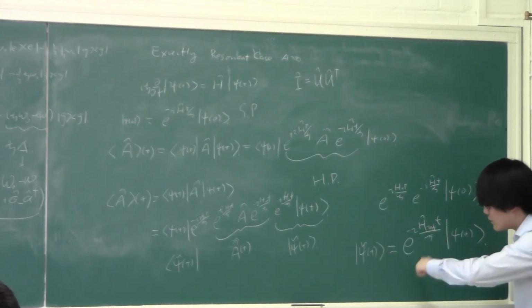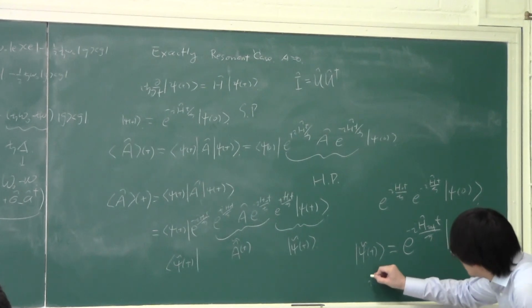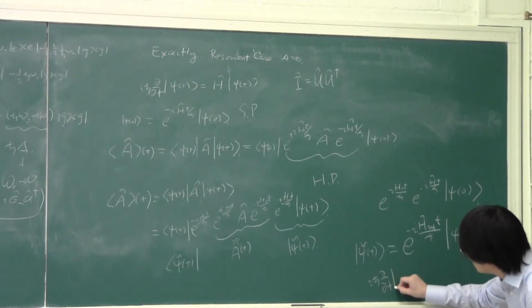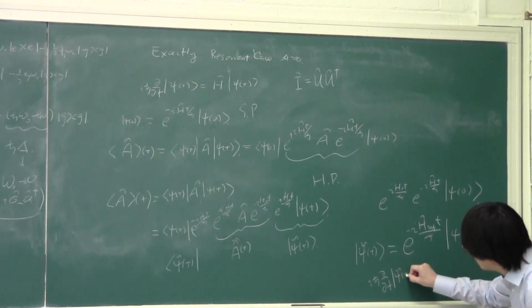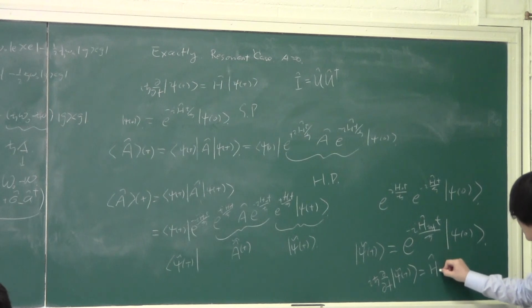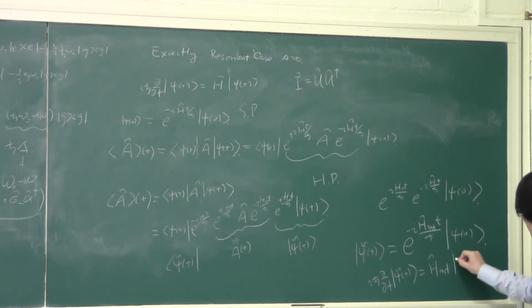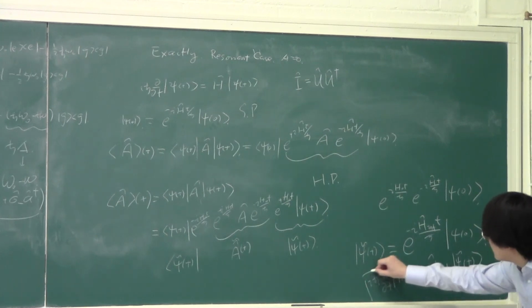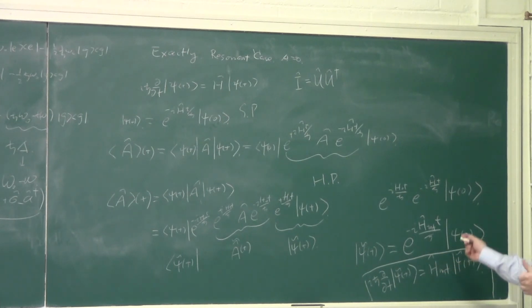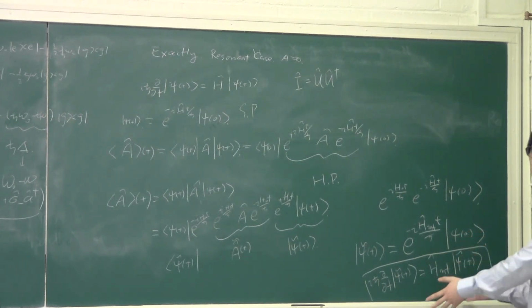So this thing is certainly equivalent to i h bar d/dt psi of t is equal to H interaction. Right? Okay. So this gives you one way to do the interaction picture. This is just one way.